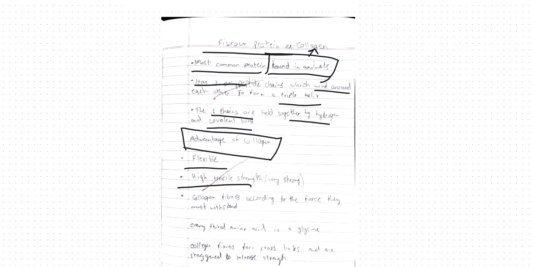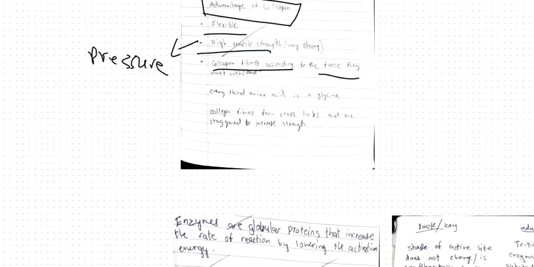So it can withstand pressure. That is the reason it's found in skin. Collagen fibers can stand the force they withstand. And every third amino acid is a glycine molecule in a collagen fiber.